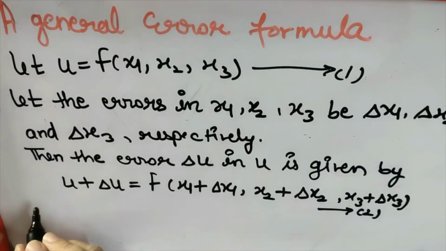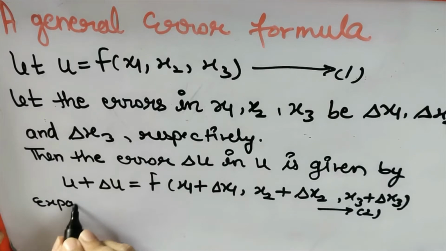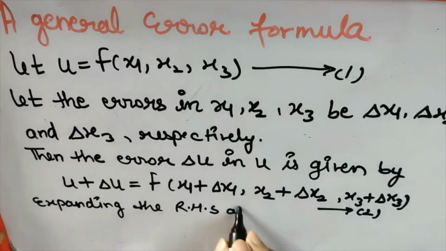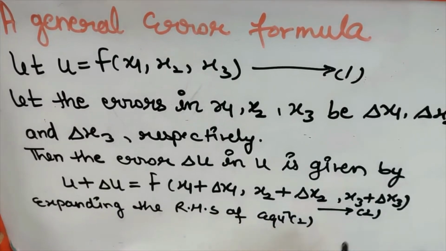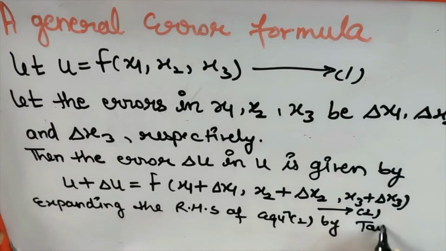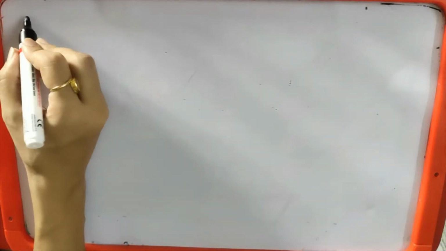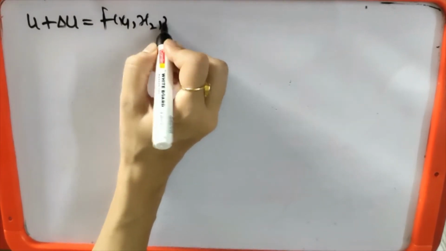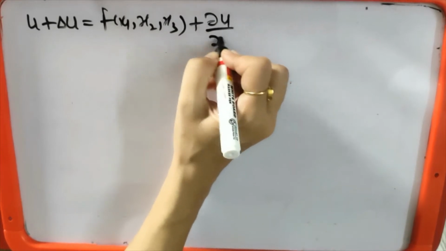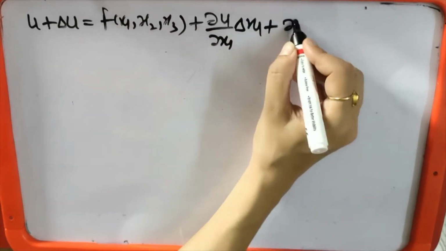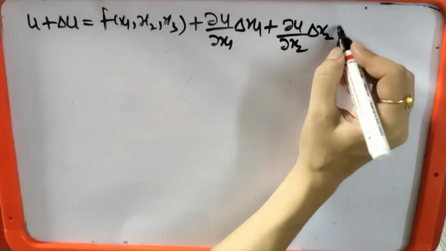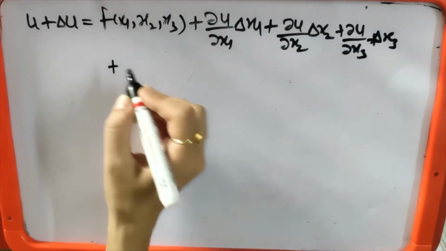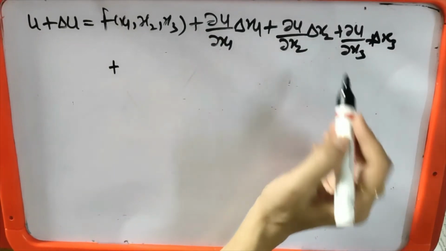Now we will expand the right hand side of equation 2 by the Taylor series. u plus delta u equals f of x1, x2, x3 plus, this is the expansion of Taylor series, now the next term will be the whole square of these terms plus the cube of these terms.